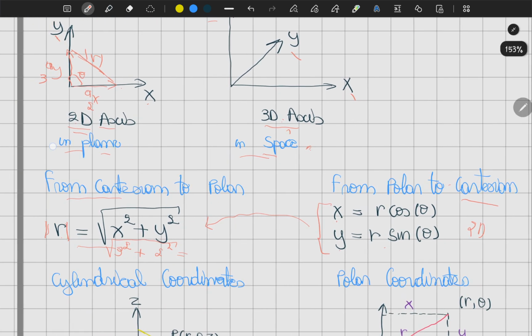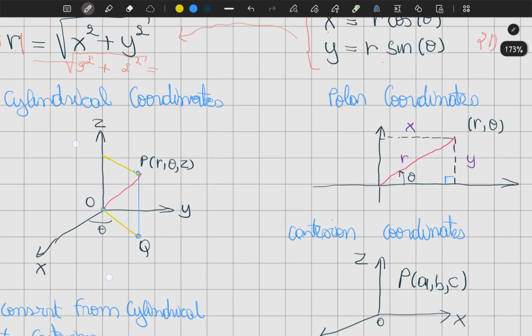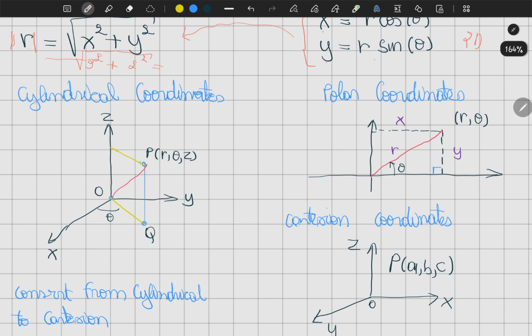Alright, let's see more. Now when we go for cylindrical, we see 3D. Okay, you can see z, y, x, and then this is a representation of the point R, the angle, and this should be phi. So this is what you see for 3D.